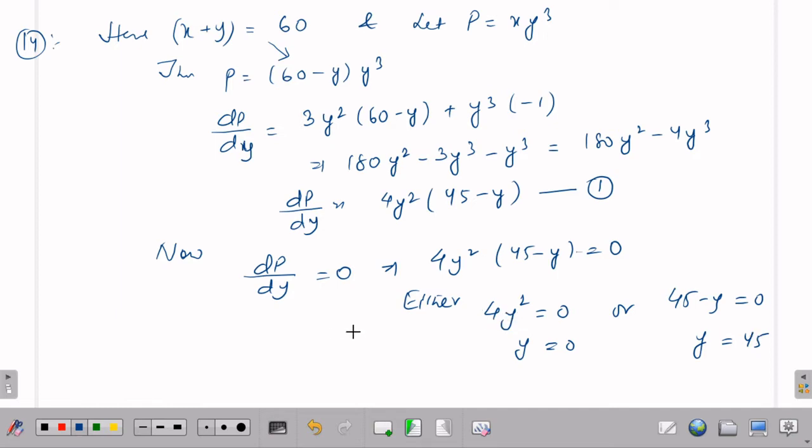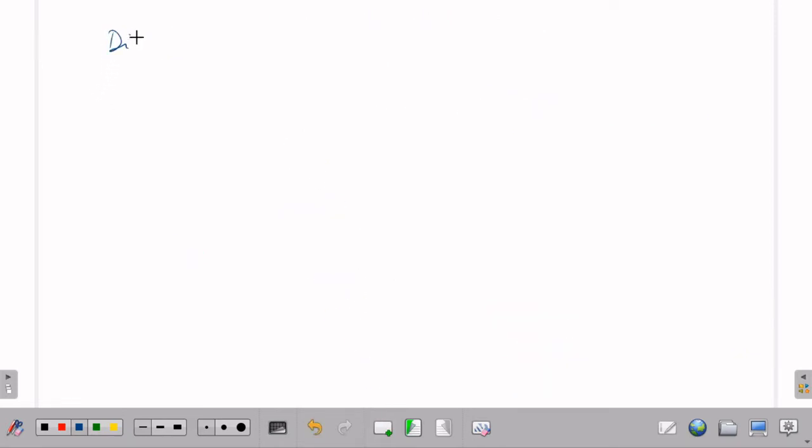Y is equal to 0 cannot happen because there I have to find two numbers and x is equal to 60 can happen, so that will be rejected. Okay, so I got, remember, y is equal to 45. So your dp by dy is done and I got the variable to be 45, so I have to differentiate equation number 1 again. So differentiating equation 1 with respect to y again, I'll get d squared p by dy squared.